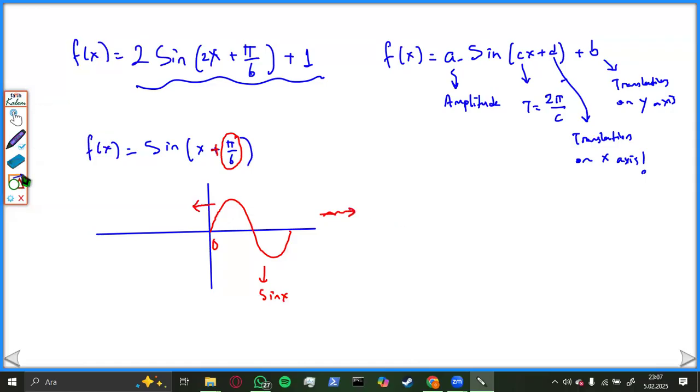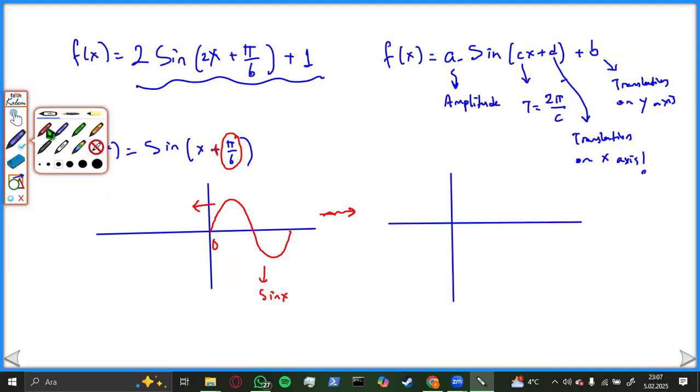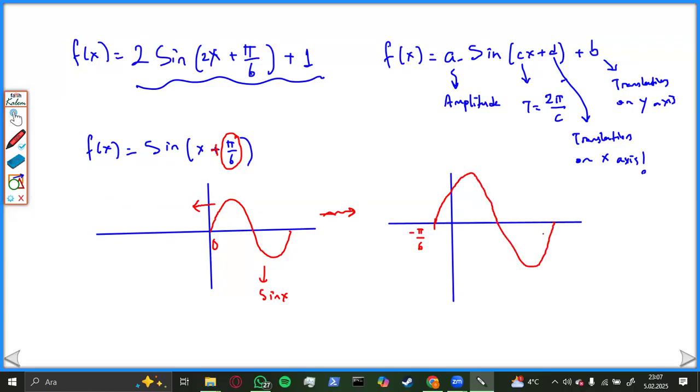Let me show you the new graph right now. The starting point is minus pi over 6. So our new graph is like this, okay?